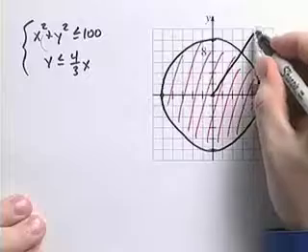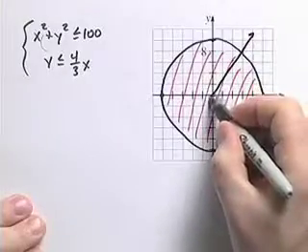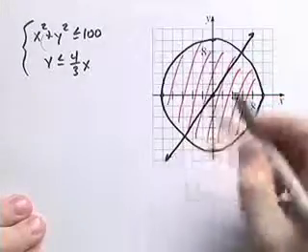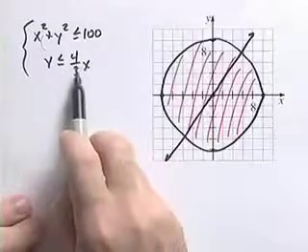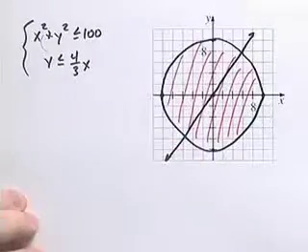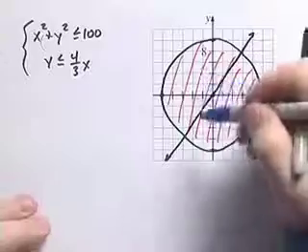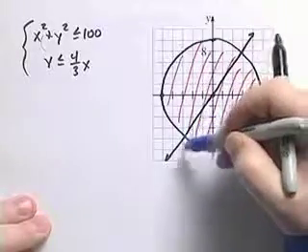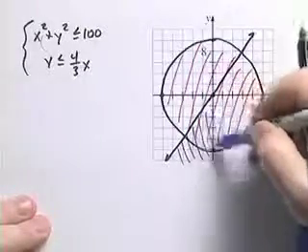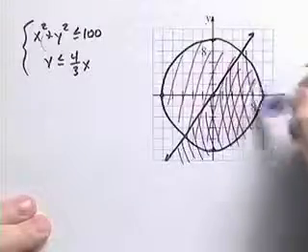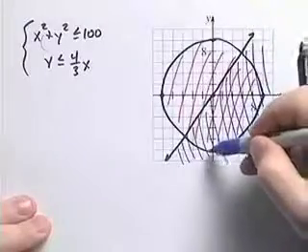We're graphing that line. We want y to be less than or equal to 4/3 x, so we're going to shade below that line, but we also want it to be within our circle to get our final solution set.